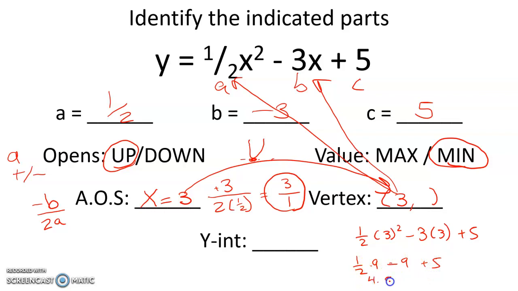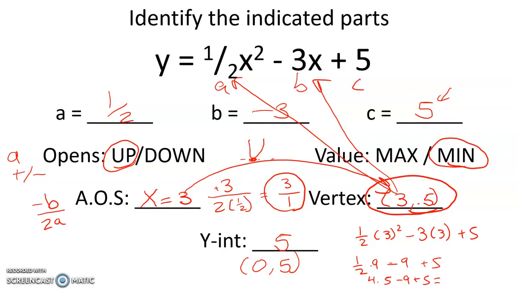That gives me 4.5 minus 9 plus 5. If I get all this worked out, I get 0.5. So my vertex is going to be (3, 0.5). Now for my y-intercept, I'm looking at this c value here. The c value is my y-intercept. That's it. (0, 5). That is all my y-intercept is, just the c value.